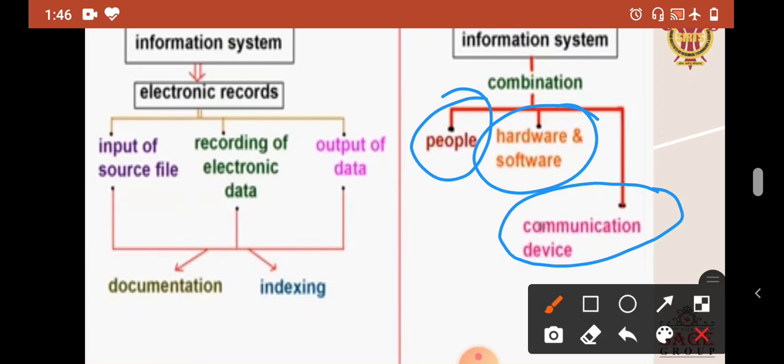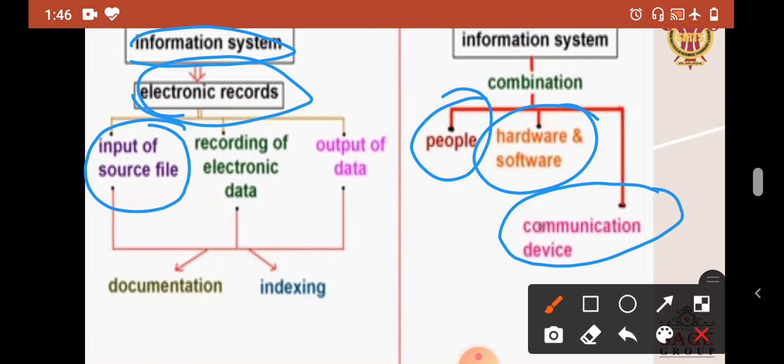We can also understand it by flow chart. Information system is an electronic device, that is electronic records. It works on input of source file, recording of electronic data, and then output of the data.